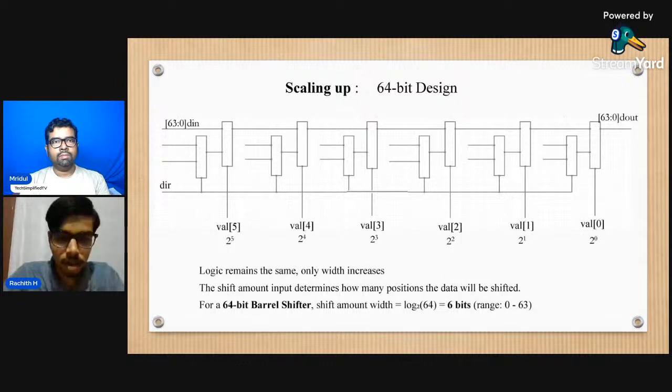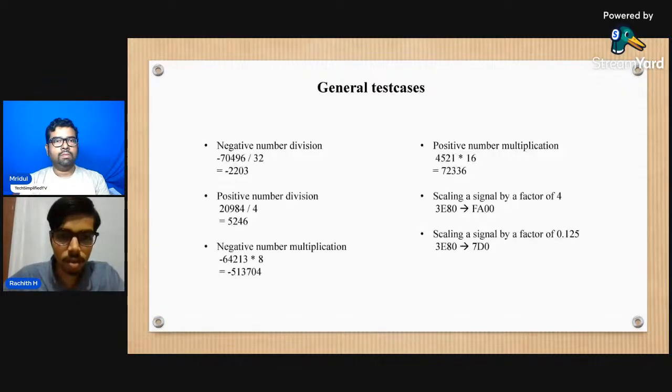So just like an 8-bit design, a 64-bit barrel shifter can shift any number of bits in constant time using combinational logic. So ideally there won't be any delay. The only delay which we come across here is the gate delay. So the logic will remain the same, only the width of the design will increase. And for a barrel shifter, the shift amount width is log base 2 of 64, which is 6 bits, to get a range of 0 to 63.